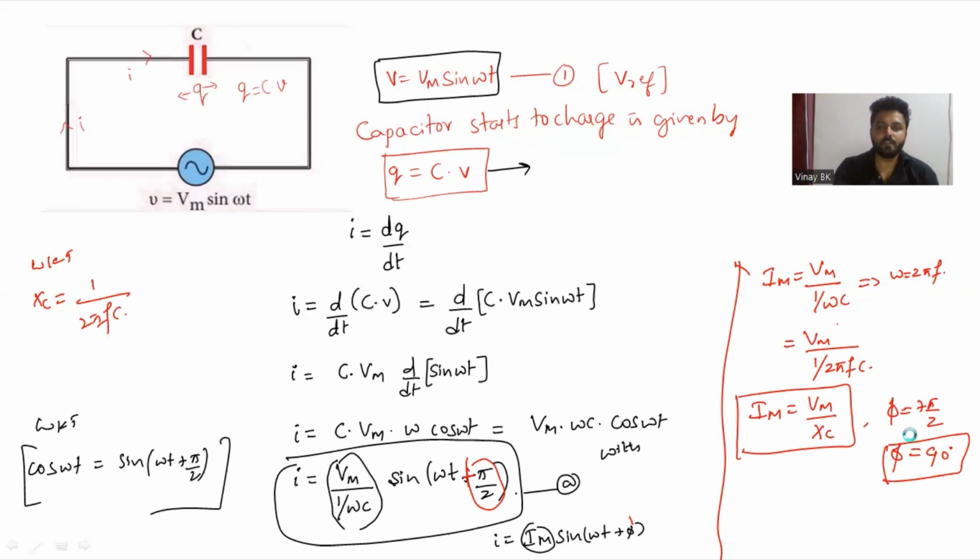Now with the help of this, let's draw the phasor diagram. Before that, once again, I will write Im is nothing but Vm divided by Xc, and the phase angle of current is plus pi by 2, and the phase angle of voltage is 0 degrees, so the angle between voltage and current is plus pi by 2.